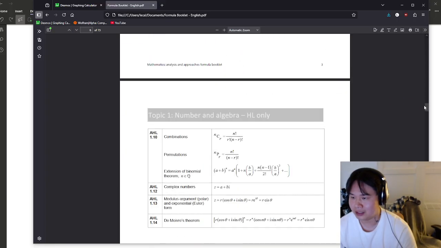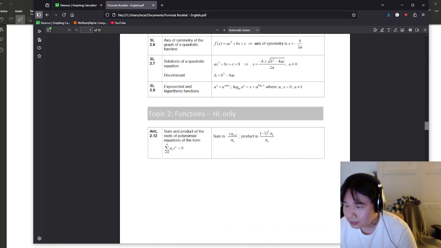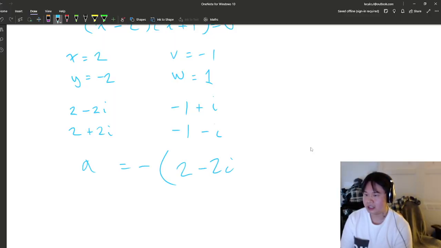Let me just double check Vieta's formulas. Yeah, the negative sum. So A is equal to the negative 2i.